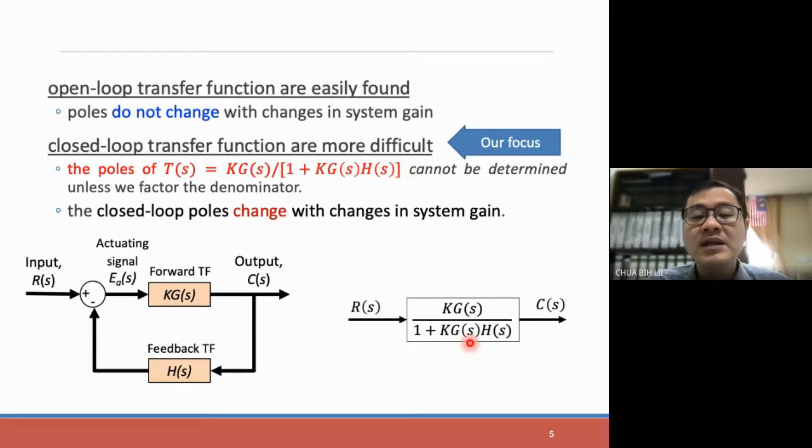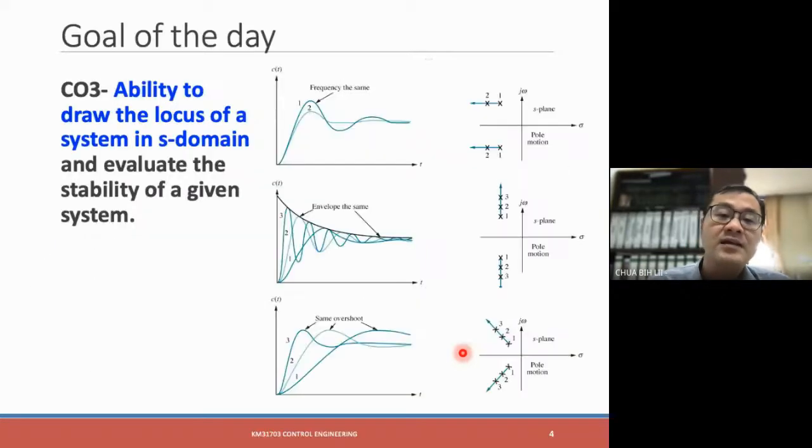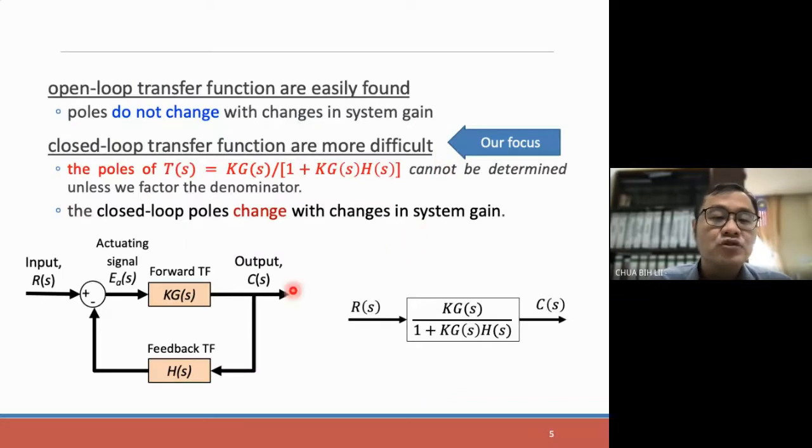The denominator also depends on k. If you change the k value, the locations of the roots or poles will change as well. This will be beneficial when you start to design the compensator later on.